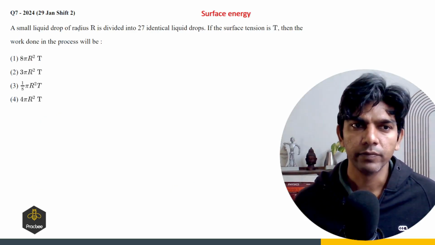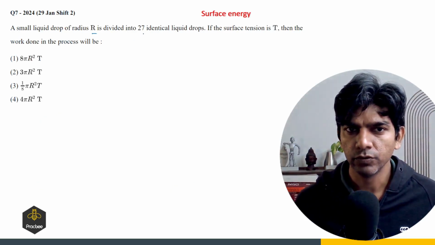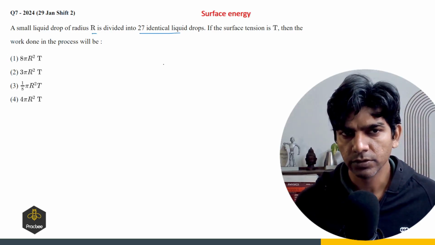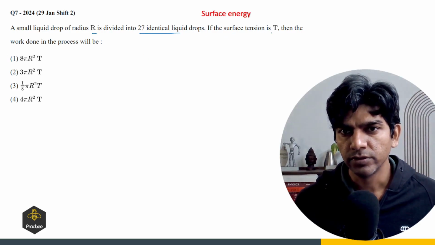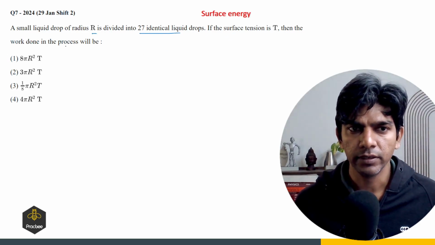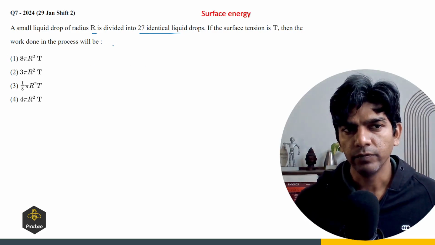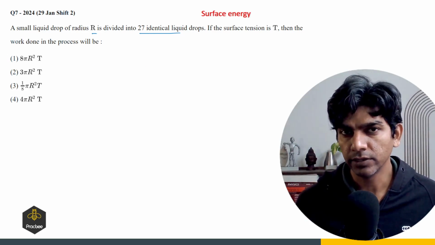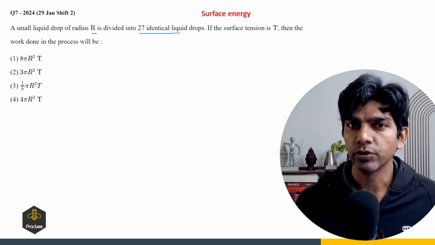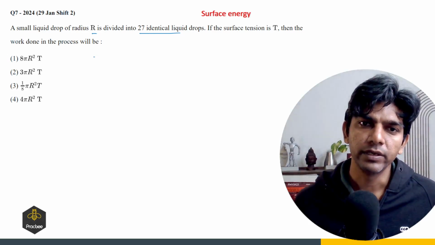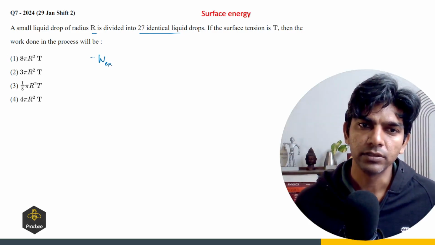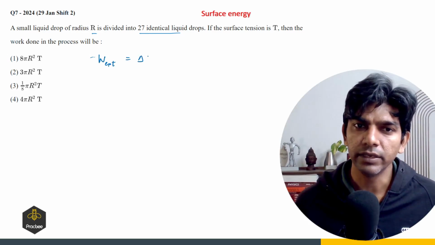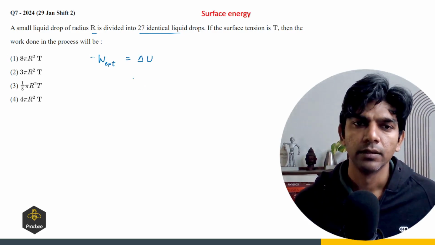A small liquid drop of radius r is divided into 27 identical liquid drops. If the surface tension is T, then the work done in the process. So when we divide a big drop into small drops, the surface area will increase. So there will be an increase in potential energy. So here we can say work done by the external agent will be the increase in the potential energy.